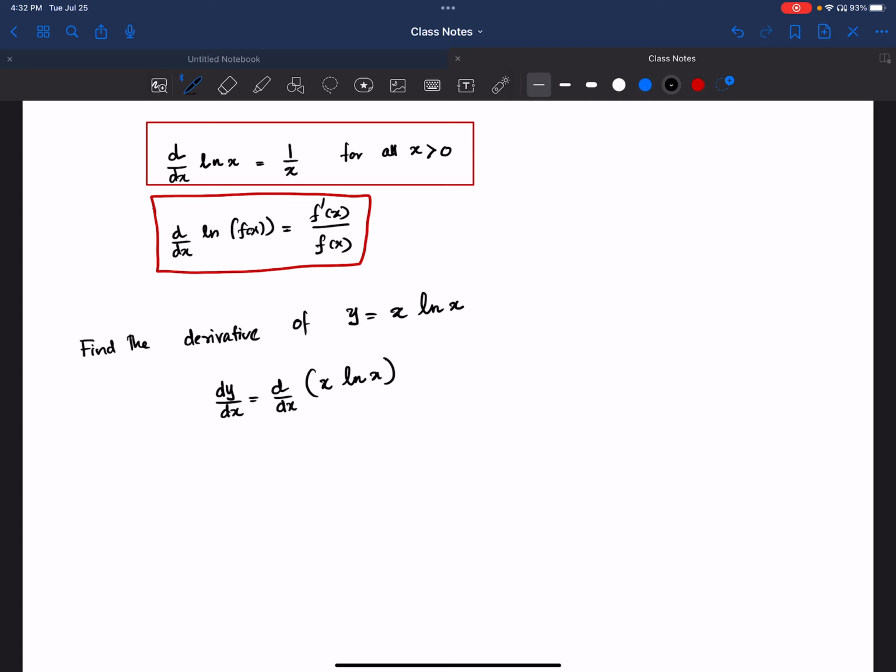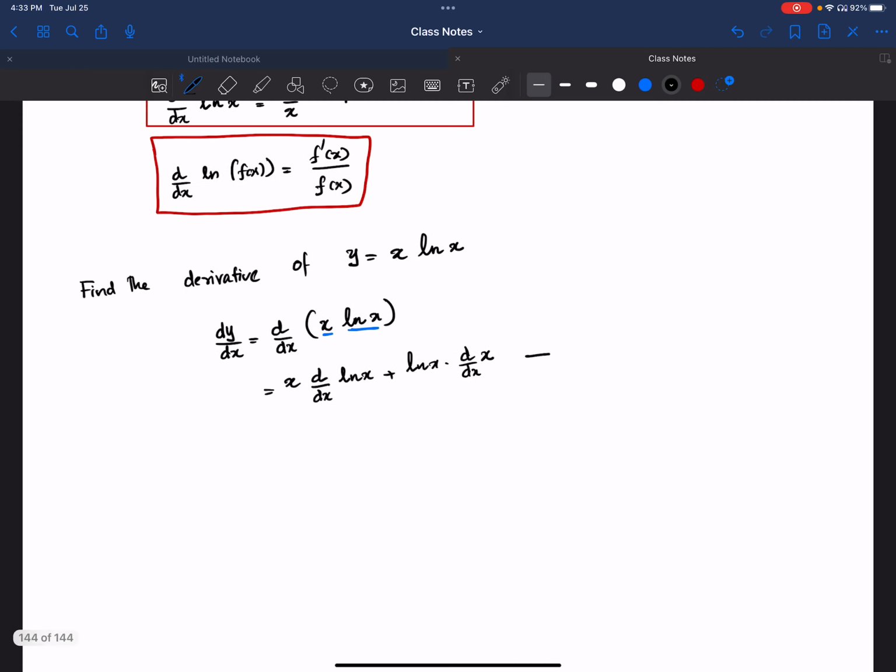Now I'm going to look at this as a product of two functions. One is x, the other function is natural log of x. And by using the product rule, I can write x times d over dx natural log of x plus natural log of x times, that's the second function, d over dx x.